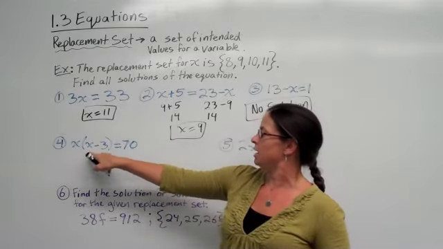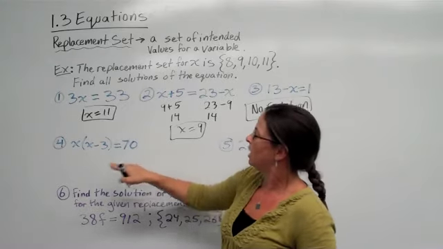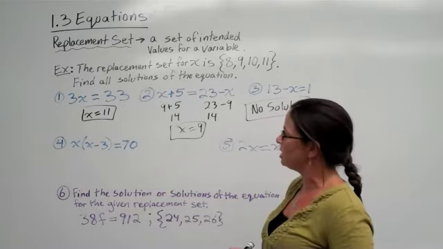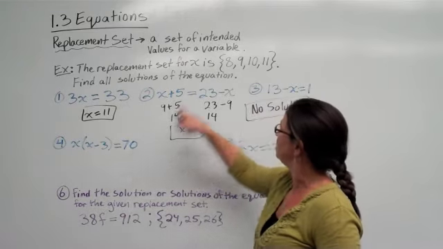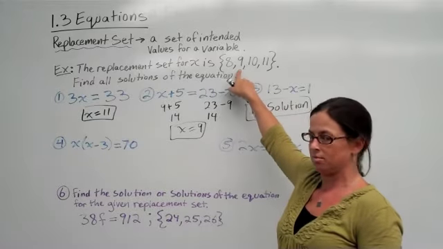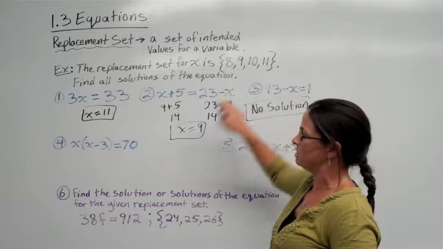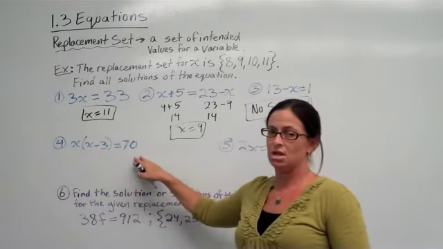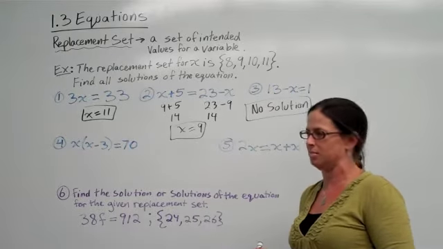x times (x minus 3) equals 70. We can try some more guess and check. I'm realizing that to make a 70, 8 times something will not equal 70, 9 times something will not equal 70, 10 will, and 11 times something won't equal 70. So I'm actually thinking ahead and going, well, it sounds like 10 has to be it.